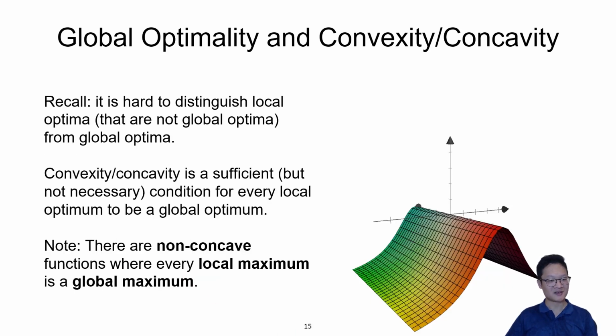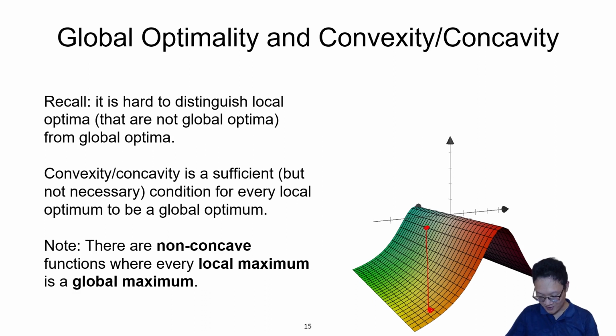There are some other functions which are non-concave, for example, where every local maximum is also a global maximum. So for example, this function. This function is actually not concave because there exist some points, say these 2 points, such that when I draw a line between them, the line is above the function.